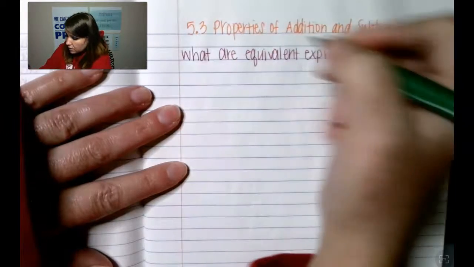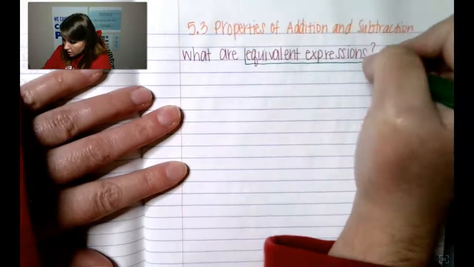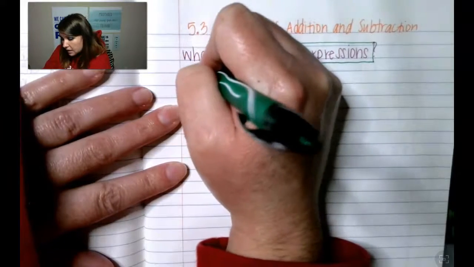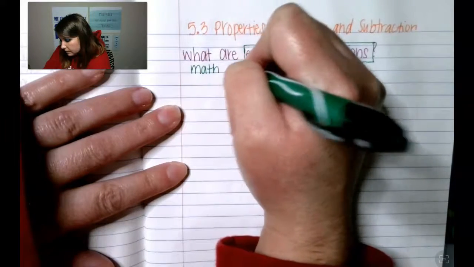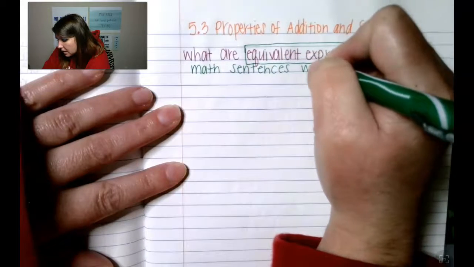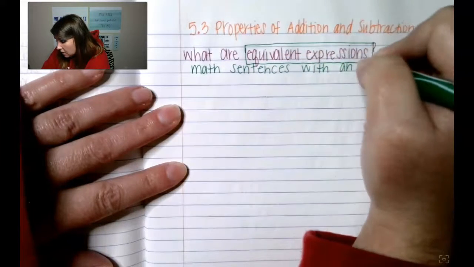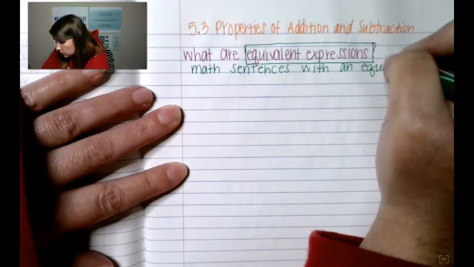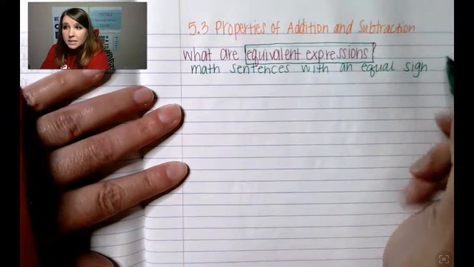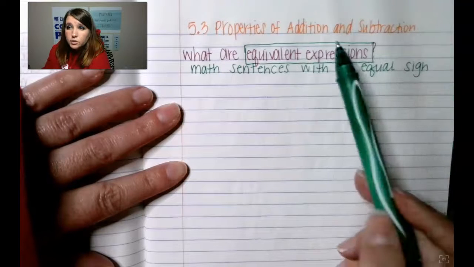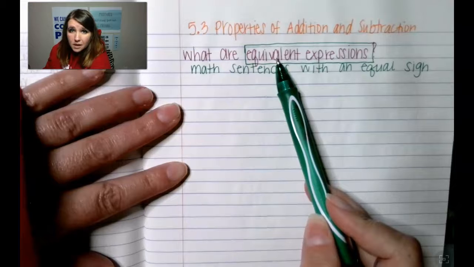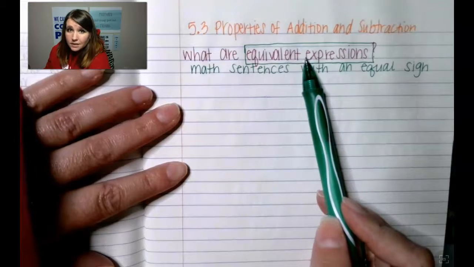So equivalent expressions are math sentences with an equal sign. That's really important to know, because expressions don't typically have an equal sign. So if it's equivalent, then we know that we'll have an equal sign.